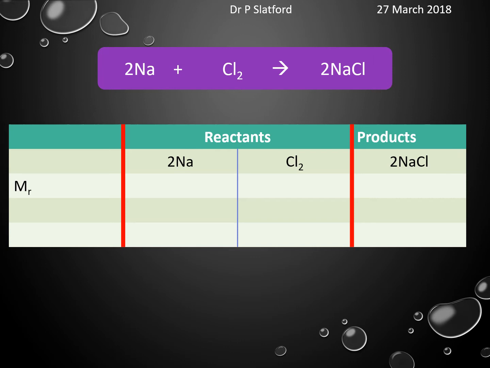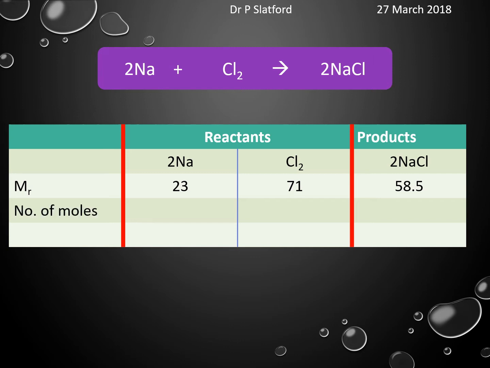What I then do is I'm going to have different things down the left hand side here. So I've just put relative formula mass there, and I'm going to fill in those cells. The atomic mass of sodium is 23, the formula mass of chlorine as in the molecule is 71, and of sodium chloride is 58.5.